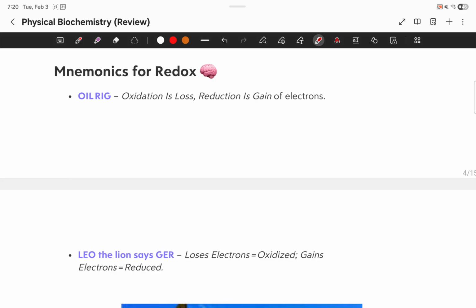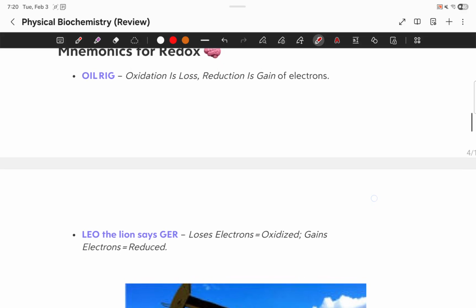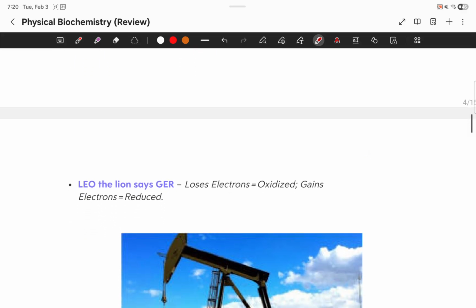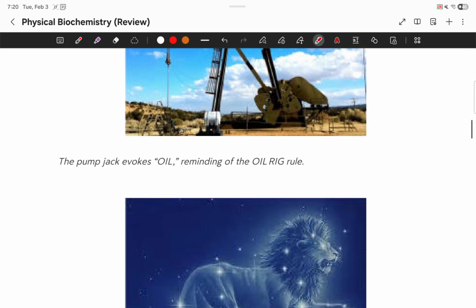OIL RIG: oxidation is loss, reduction is gain of electrons. Or LEO the lion says GER. That's how I used to remember it all the time. LEO: loss of electrons, oxidized, and GER: gain of electrons, reduced.